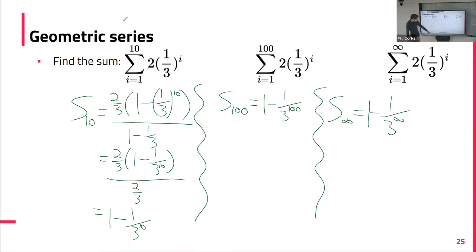So look at the pattern that's happening here. This number was close to 1. This number is even closer to 1. Less, but very close to 1. But this will suddenly turn into infinity? That doesn't make sense. So what do you think this will get close to?